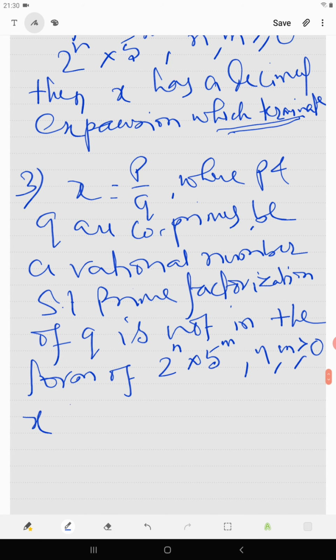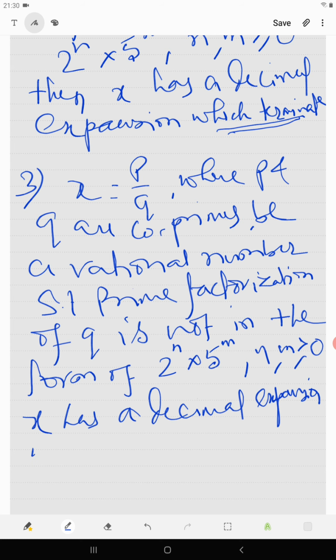x has a decimal expansion which is non-terminating. This I have already explained to you with an example in the beginning, when I was explaining terminating and non-terminating.